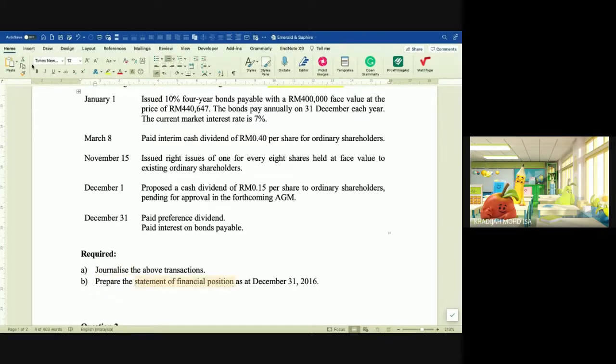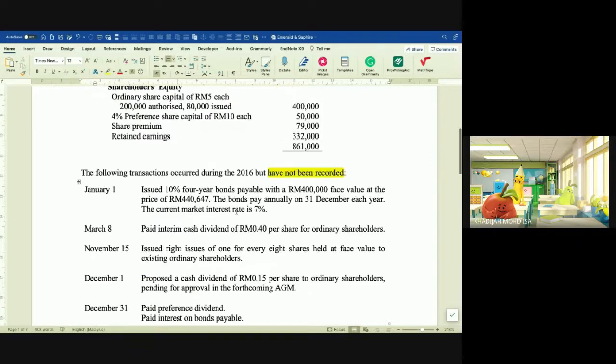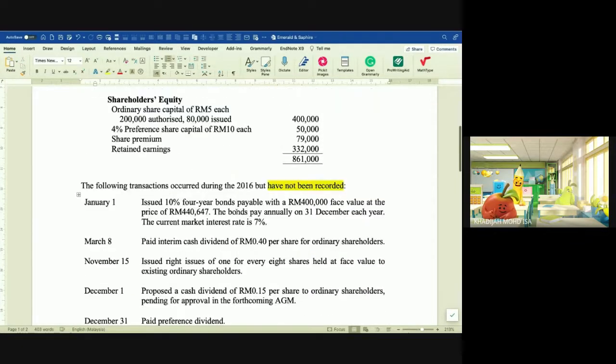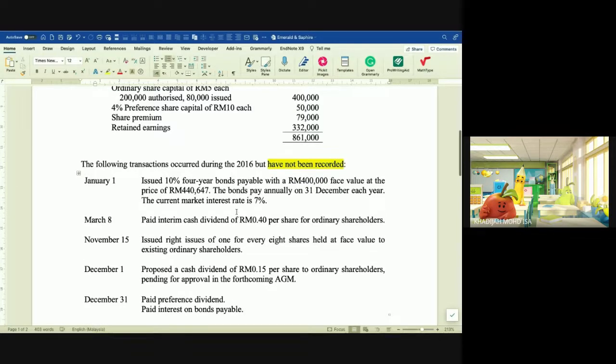This is the normal requirement when you do your shares and your liabilities. Number one, on January 1st, you issued 10% 4-year bonds with 400,000 face value at the price of 440,647.